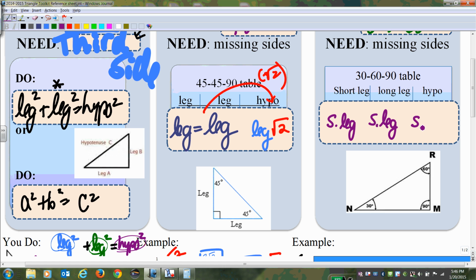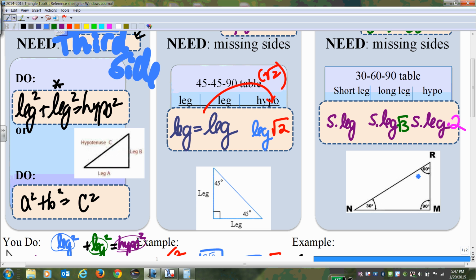So you start just by writing the short leg. 30, 60, 90 equals short leg, short leg root 3, and then the short leg times 2.